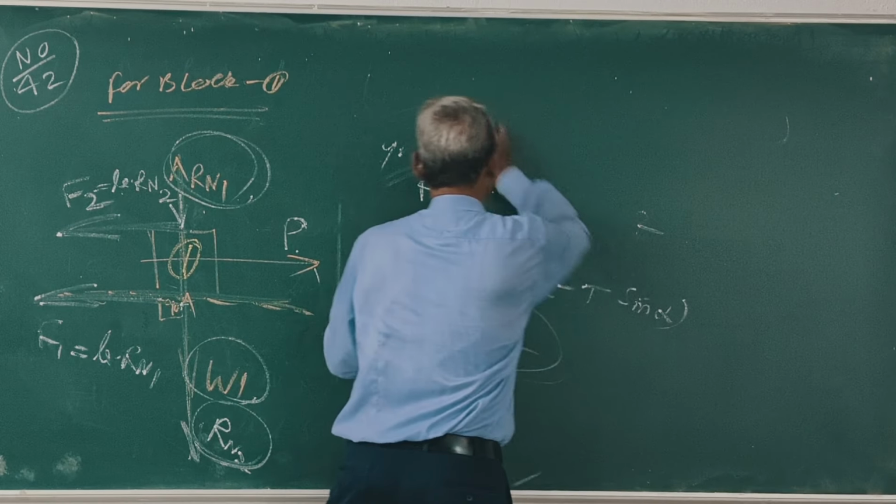Clear? P is equal to mu Rn1 plus mu Rn2, so P is equal to mu into Rn1 plus Rn2. Clear? We have the value of mu, and we have calculated the values of Rn1 and Rn2. So use calculator to find the value of P. Clear this answer?